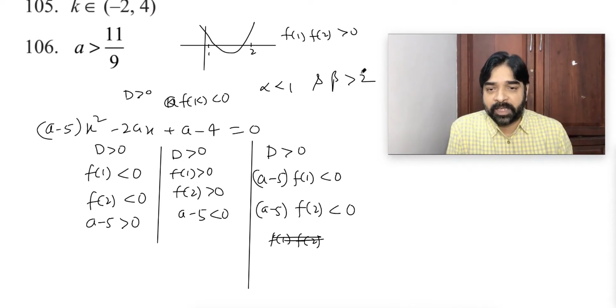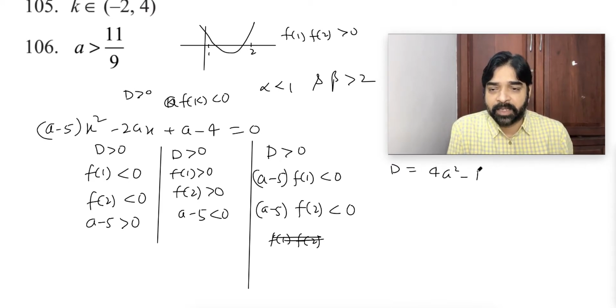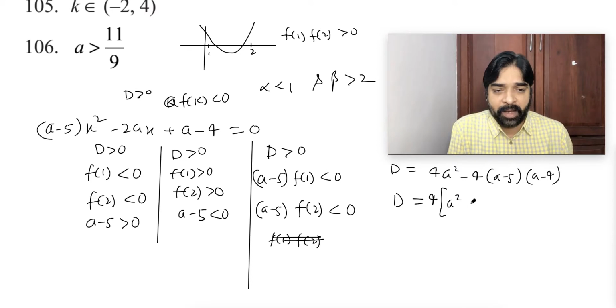So first, discriminant. Discriminant will be equal to how much? b square minus 4ac, means 4a square minus 4 into a minus 5 into a minus 4. So D will be equal to 4 common, a square minus a square minus 9a plus 20.